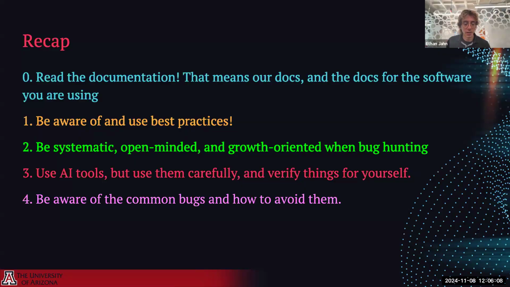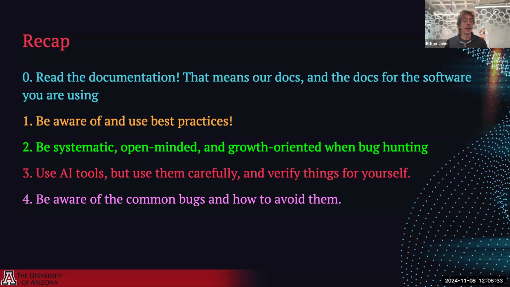Continuing on here, recap of the presentation. We're basically done now. As always, read the documentation. That means our documentation, and that means the documentation for whatever software that you're using. Next one would be to be aware of and use best practices. We talked about those pretty much at the beginning of the presentation. And then adopt a good mindset for this.